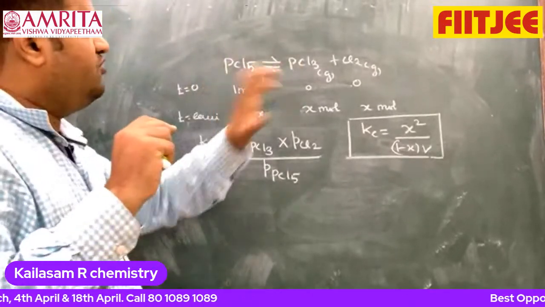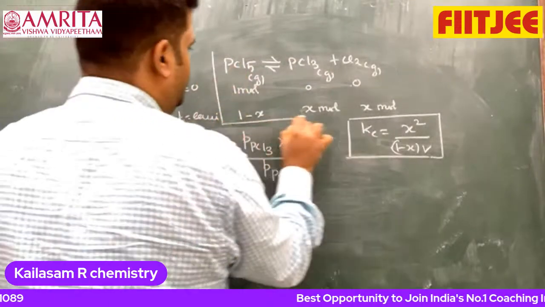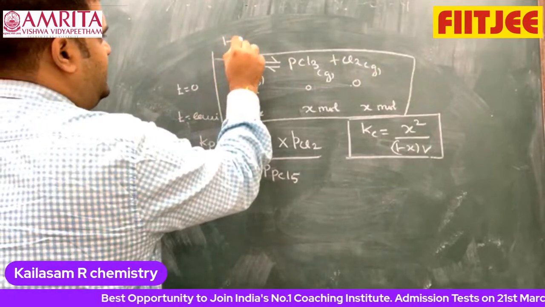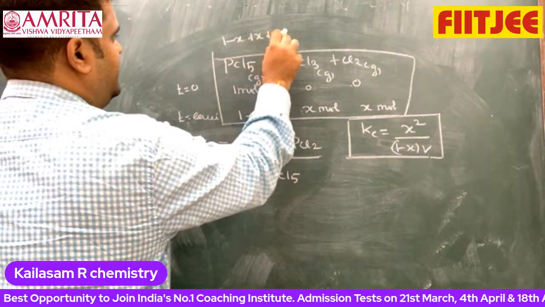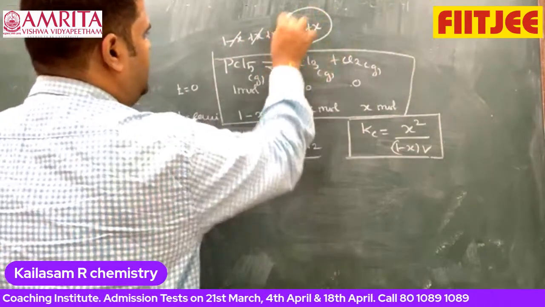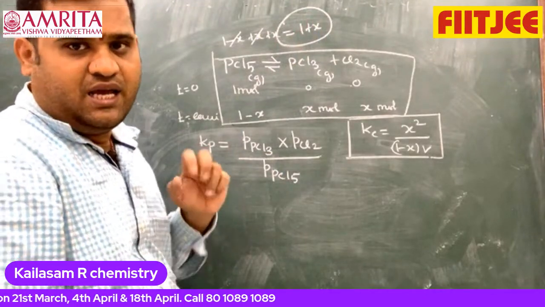So what is the total number of moles in this equilibrium mixture? Listen. It is 1 minus x plus x, where the x terms cancel, so 1 plus x is the total number of moles at equilibrium.